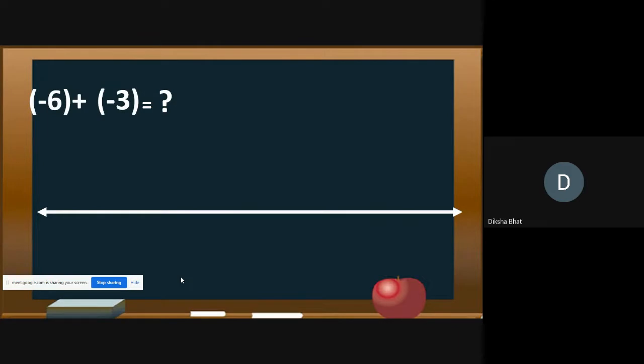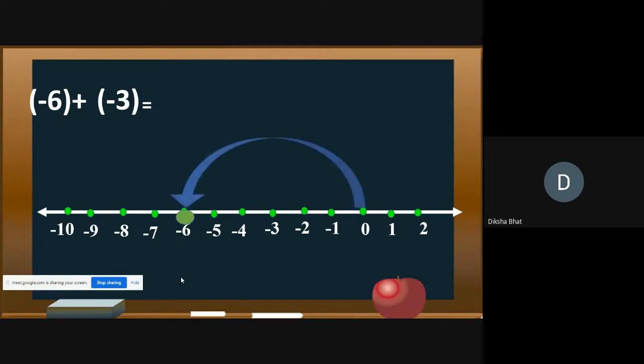Negative 6 plus negative 3. What is the first step? Draw a number line and mark the numbers. Yes, correct. Which is the first integer? Negative 6. Yes. So on which side you will move? Left. Left side of 0. How many steps you all will have to take?